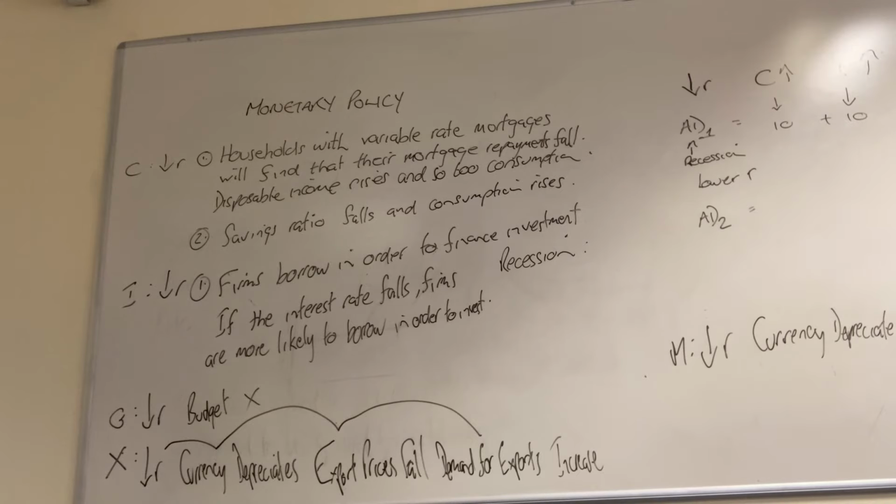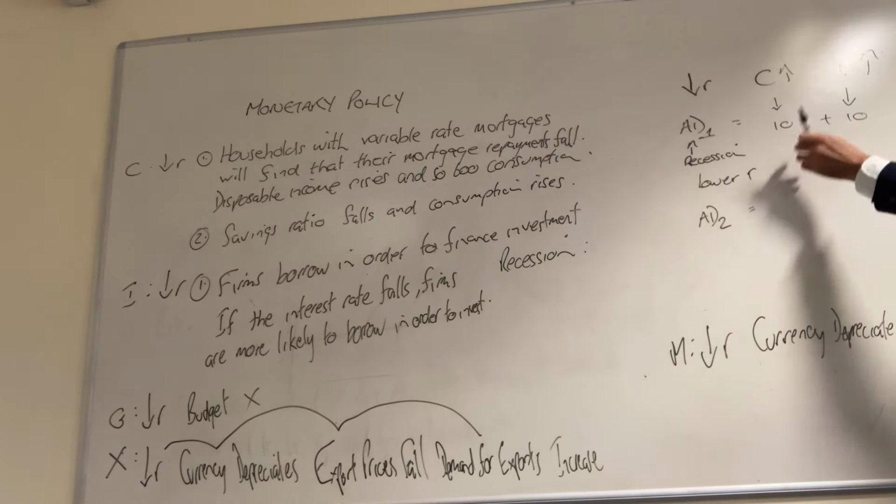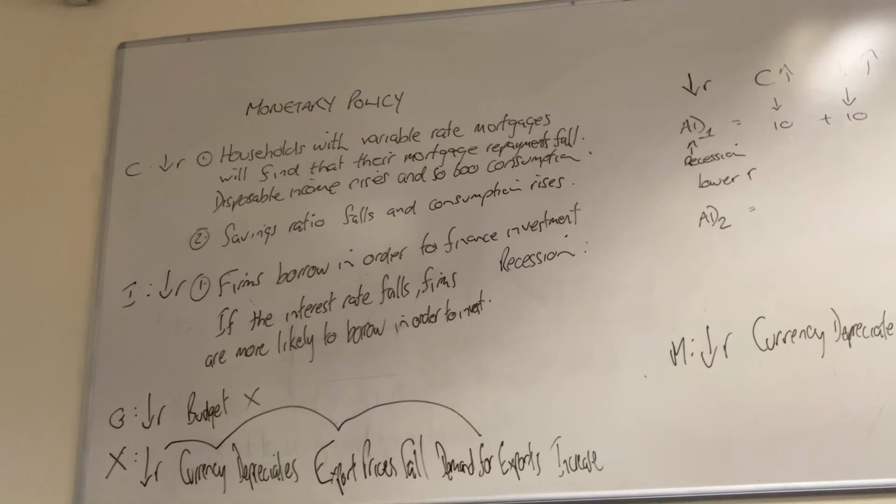Because of lower, right, so we lower the interest rates. We know that the effect of that is to increase the value of consumption. So I'm going to say it goes to 20, okay? When the Bank of England lowers the base rate, what happens to investment? Right, so give me a value. 20 again. 10 doesn't change.